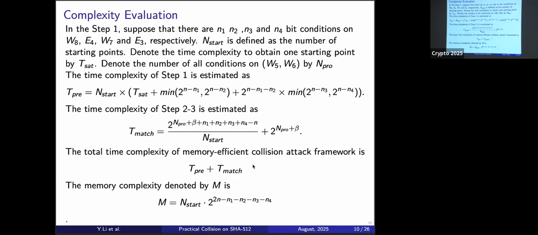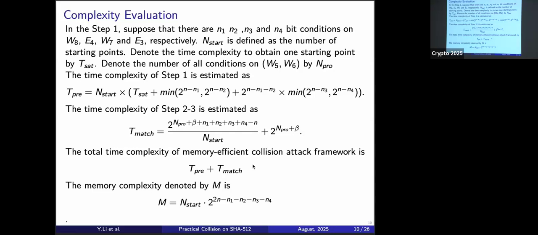The first part comes from the first step, and its time complexity is defined as T_PRE, which is equal to the following equation. The time complexity of the second and third steps is defined as T_MT, which is equal to the following equation.